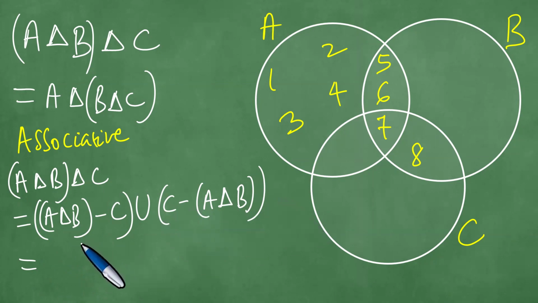Okay, first things first. Let's look at the symmetric difference of A and B. We've already seen that. And then we subtract C from it.